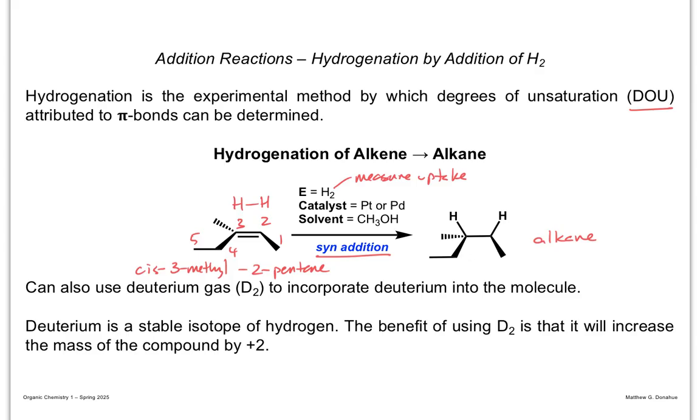Hydrogen's a gas. By measuring the pressure differential of how much hydrogen is taken up in the reaction, you can then convert that pressure into moles using the ideal gas law, and as a consequence, figure out the degrees of unsaturation in a molecule. So experimentally, that's how you do it.